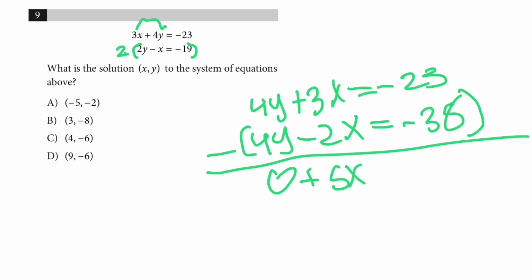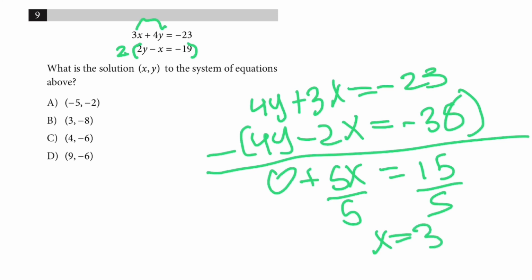And now negative times negative 38 is a positive 38. 38 minus 23 means this equation is equal to 15. So now you can just divide both sides by 5, and you'll get that x is equal to 3. And if you look at your answer choices, you don't even need to find what y is equal to because there's only one choice where x is equal to 3, which is b.